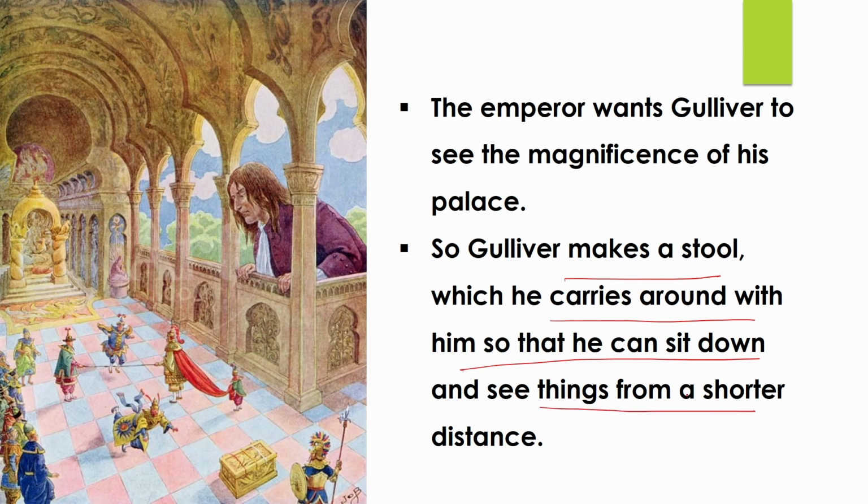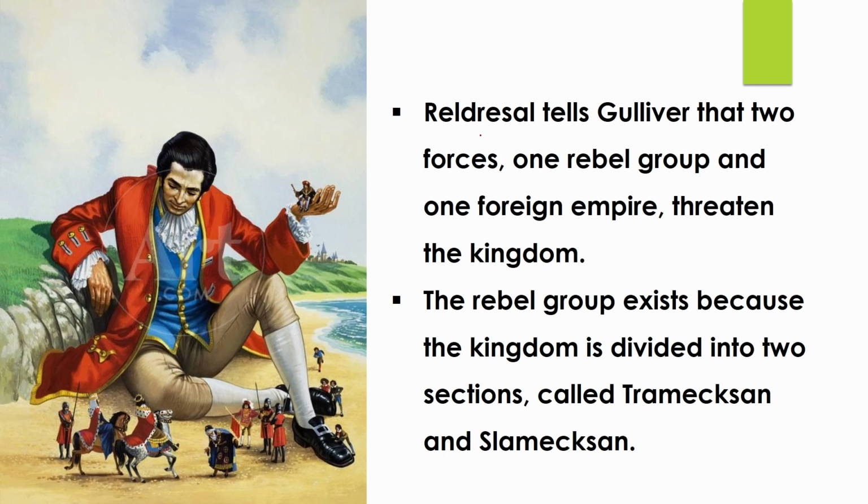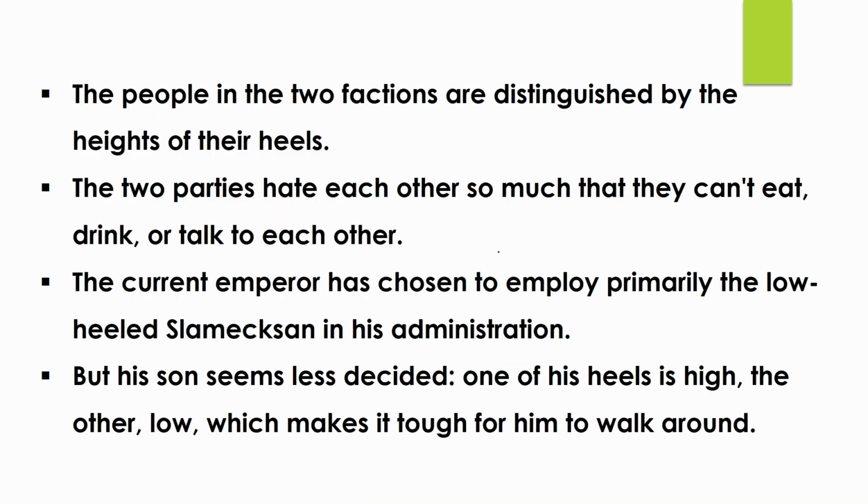After 2 weeks, a government official, Reldresal, comes to see him. He tells Gulliver that two forces, one rebel group and one foreign empire, threaten the kingdom. The rebel group exists because the kingdom is divided into two sections called Tramecksan and Slamecksan. The people in the two factions are distinguished by the heights of their heels. The two parties hate each other so much that they can't eat, drink or talk to each other.